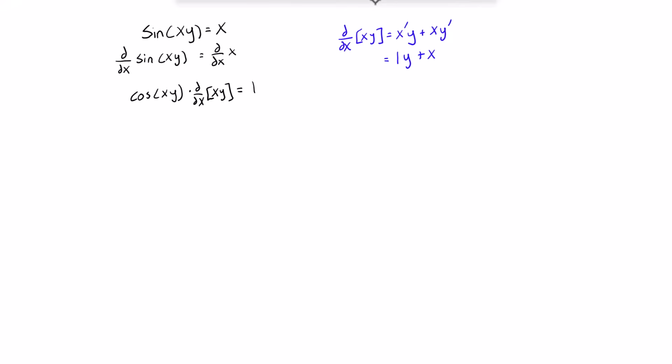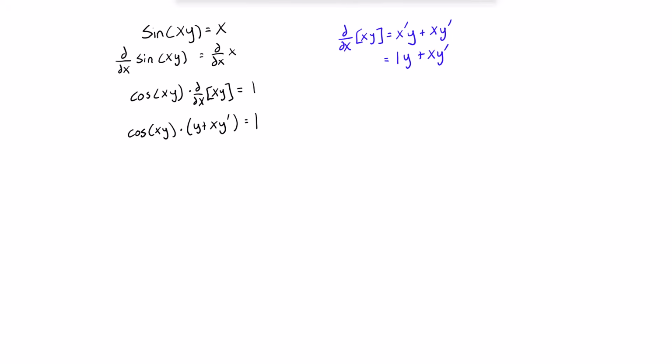We don't actually know what the derivative of y is. That's what we're looking for in this problem, so we'll just leave it in that notation as y prime. So we can substitute that in, and we'll have cos of xy times the derivative of xy, which is y plus xy prime, and that is all equal to 1.